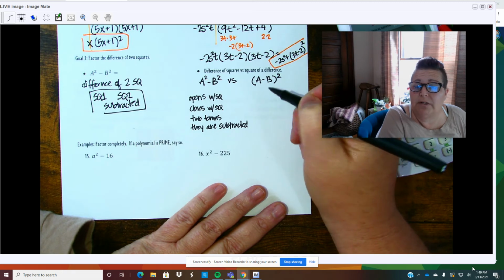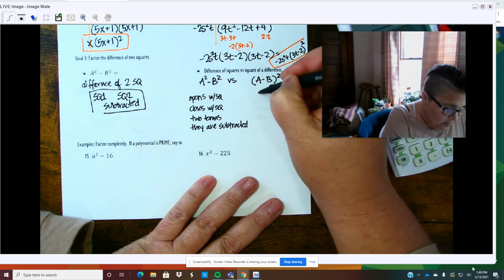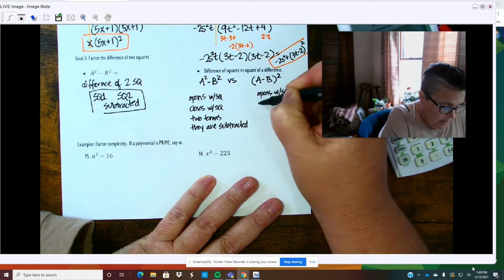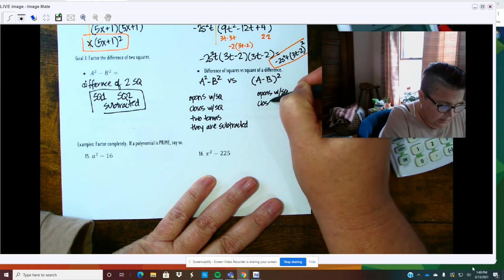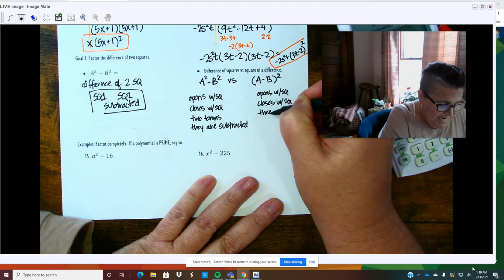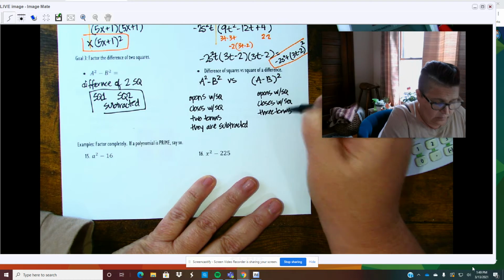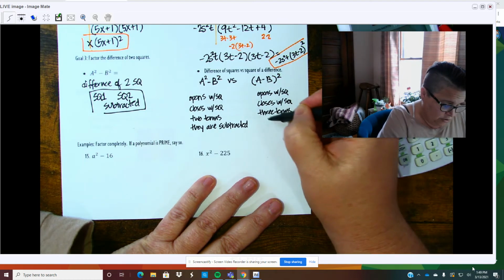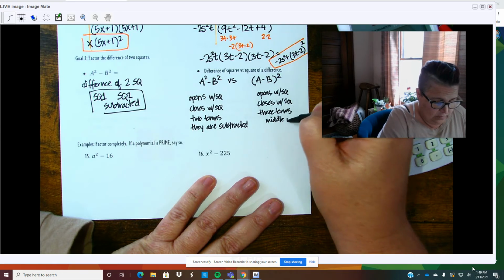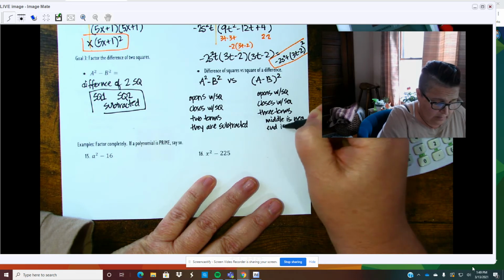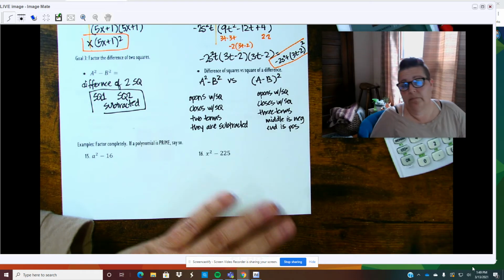So if you take a difference and square it, this also opens with a square. It also closes with a square. But there will be three terms. Okay? The middle term will be negative, but the ending term has to be positive.